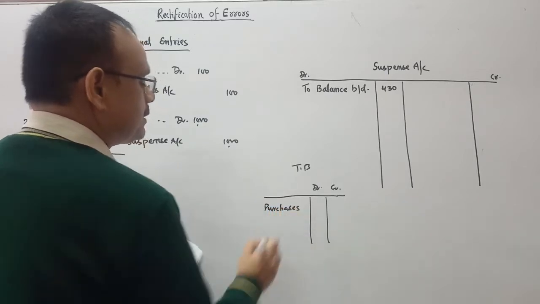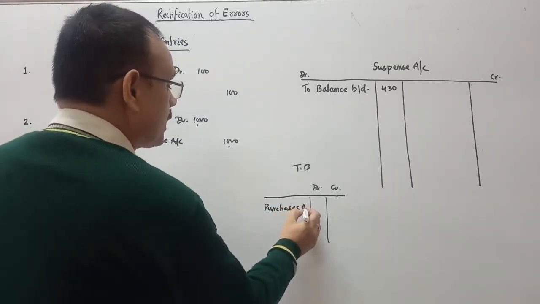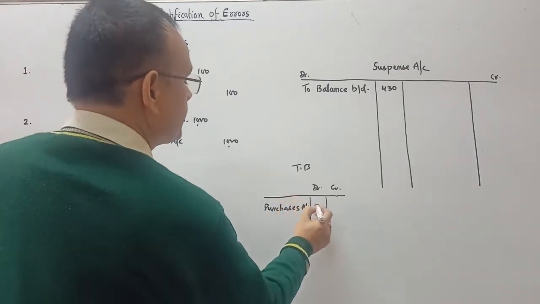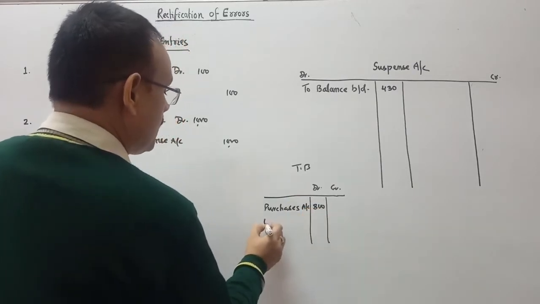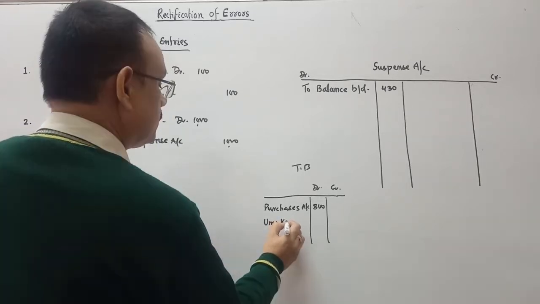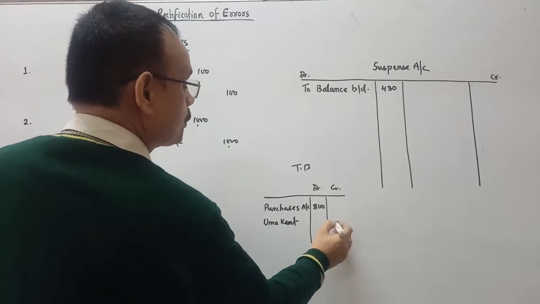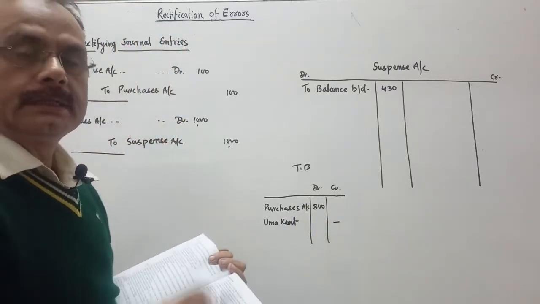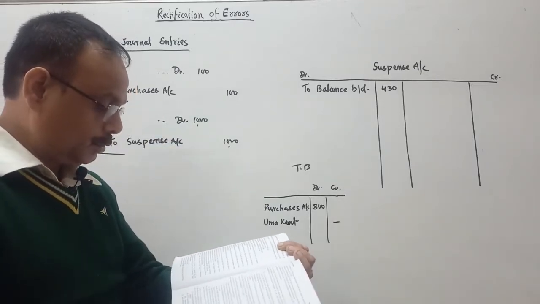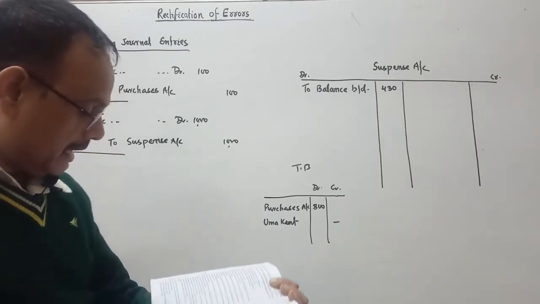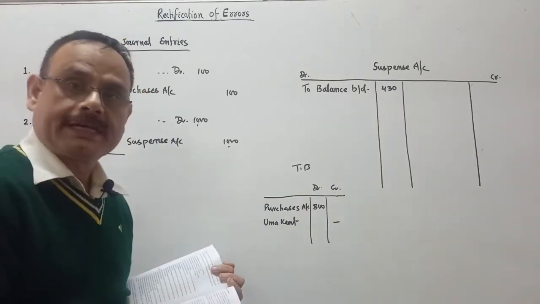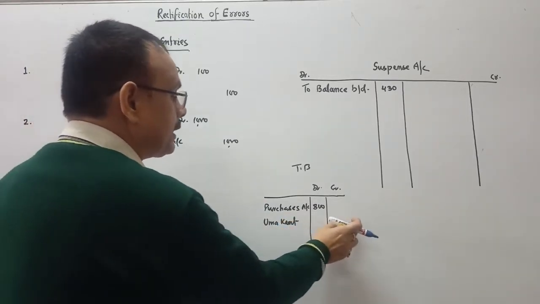This is properly recorded in the purchase book, so 800 is in the purchase account, but in Umakant's account it is not posted. That's why the Umakant account is not coming into the trial balance.